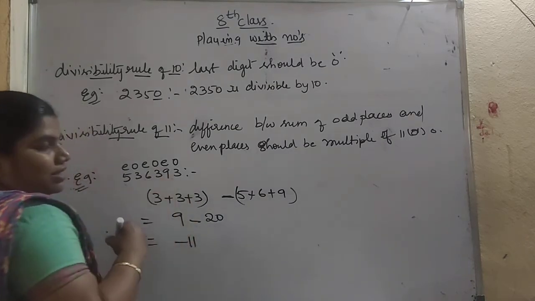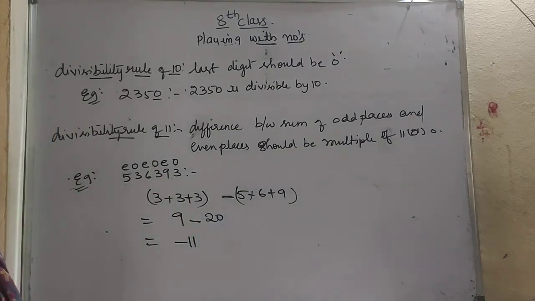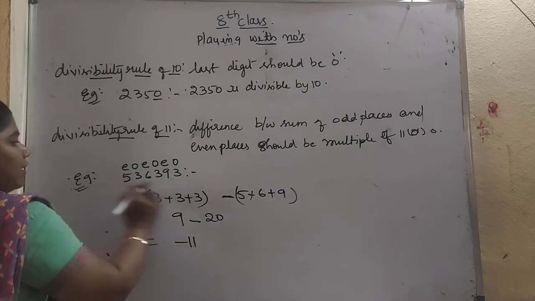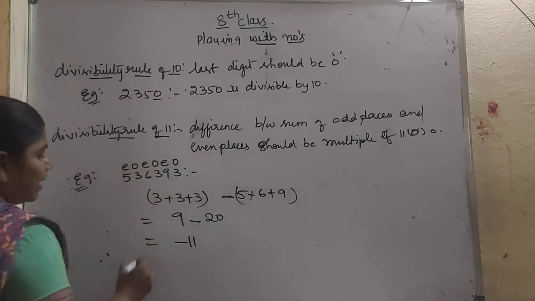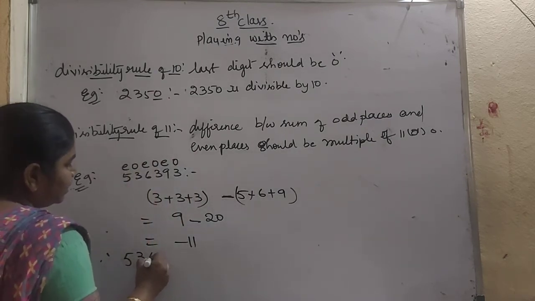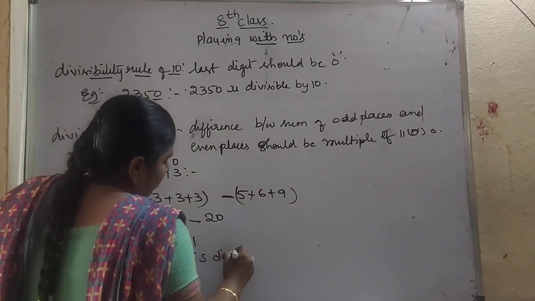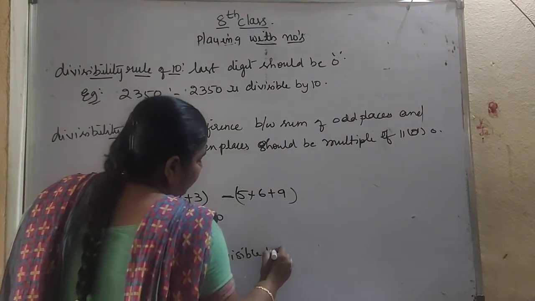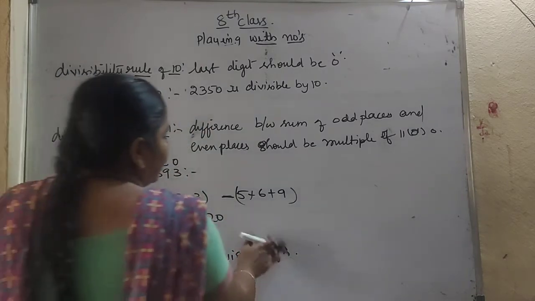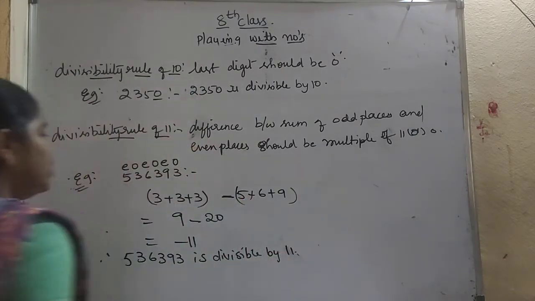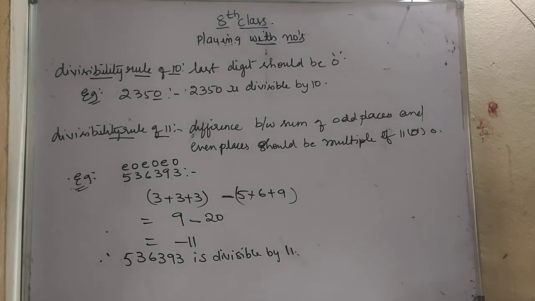That is minus 11. So 11 is a multiple of 11. So you can say that this value, 536393, is divisible by 11. Okay, so this is our divisibility rule of 11.